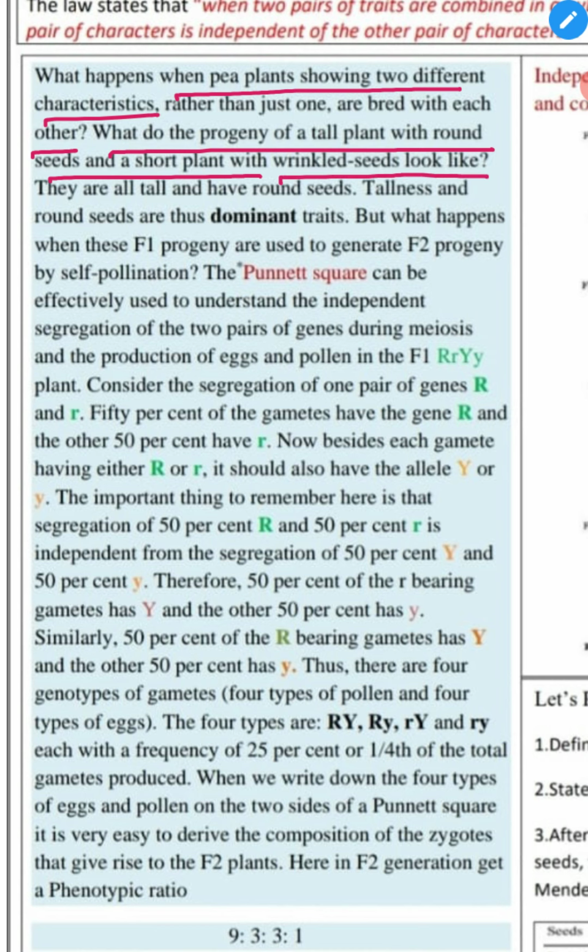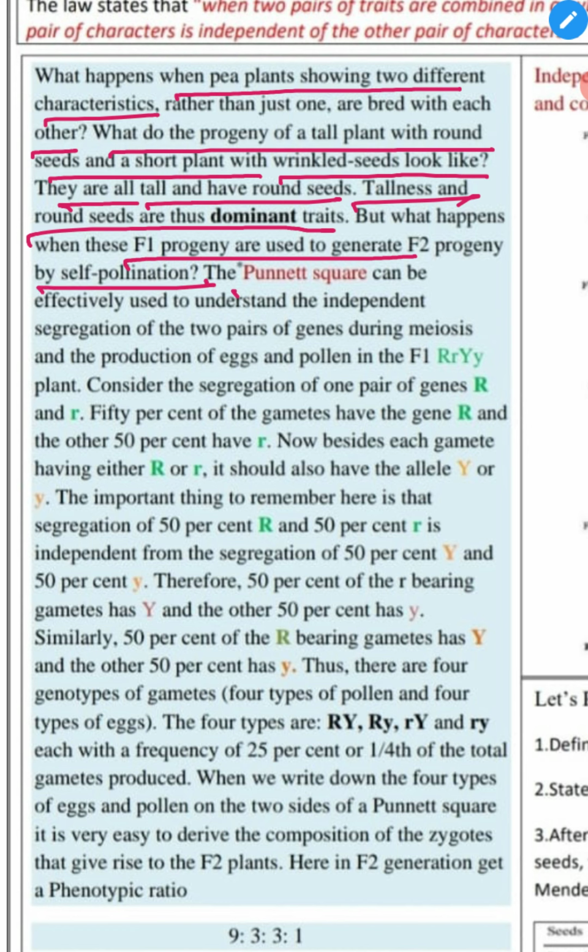If we take tall as dominant as well as round as dominant, they all are tall and having round seed, and tallness and round seed are thus dominant traits. But what happens when the F1 progeny is used to generate F2 progeny by self-pollination?